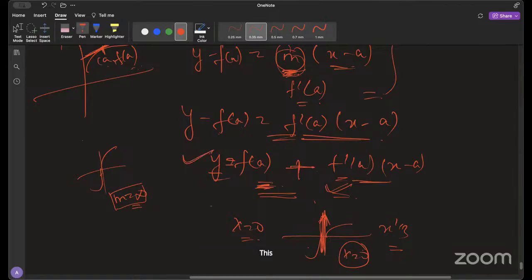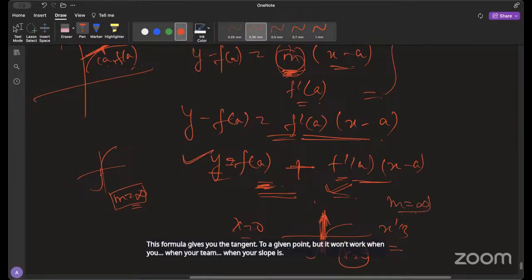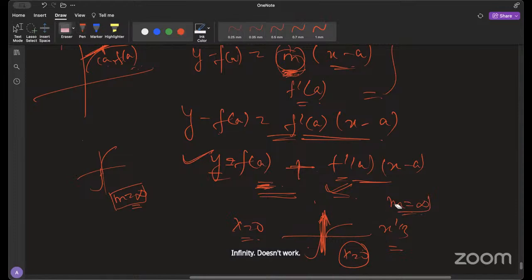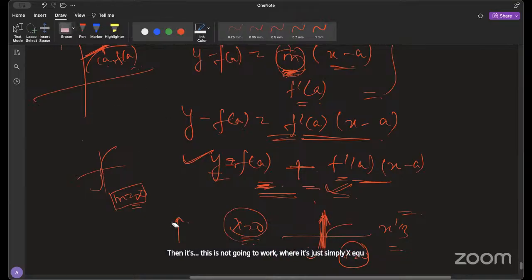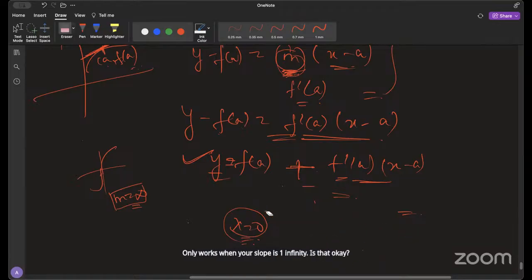This formula gives you the tangent to a given point, but it won't work when your slope is infinity. If you see that your tangent is parallel to the y-axis, then this is not going to work there. It's just simply x equals to 0. It only works when your slope is non-infinity. Is that okay? Yes, ma'am. Okay.